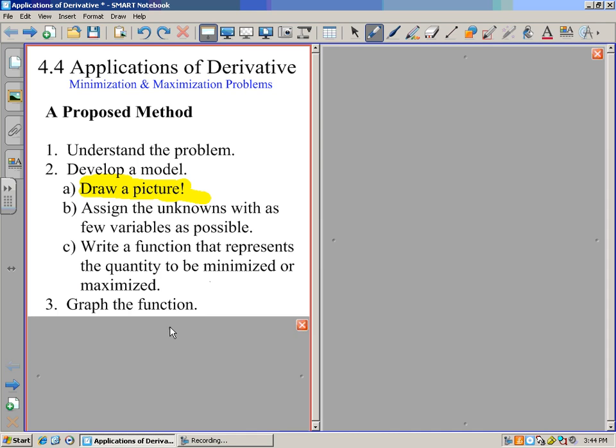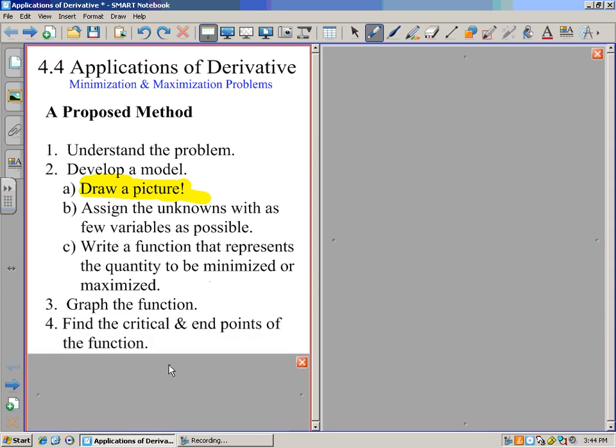I suggest you graph the function before you do anything else. You can get a look at what's happening. You're going to find the critical and endpoints of this function. I would prefer you to do this analytically whenever possible so we can practice our derivatives and practice finding the critical points by hand instead of just doing trace on a graph.